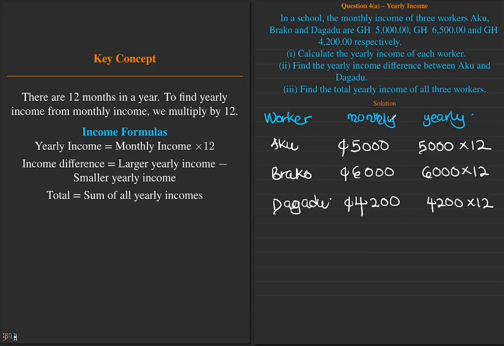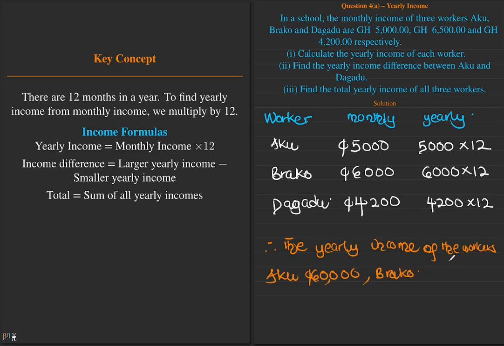After this, we then write our answers. Therefore, the yearly income of Aku is going to be 5,000 times 12, which is 60,000 cedis. Then that of Brako is going to be 6,500 times 12, which gives us 78,000.